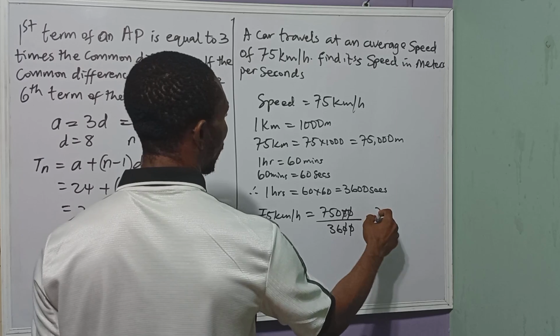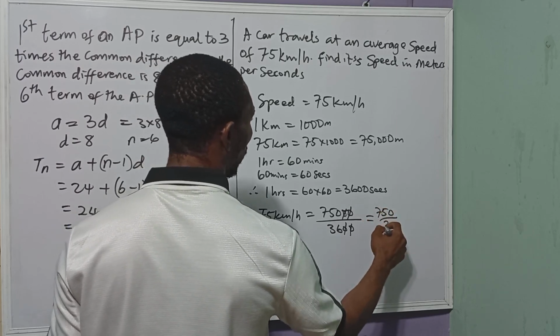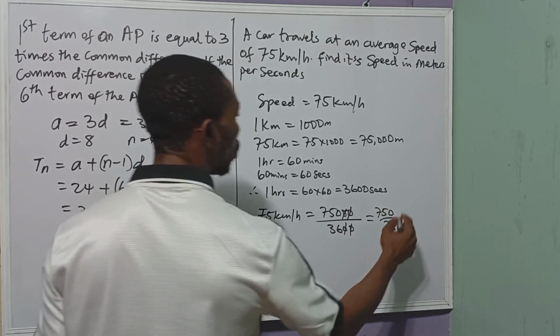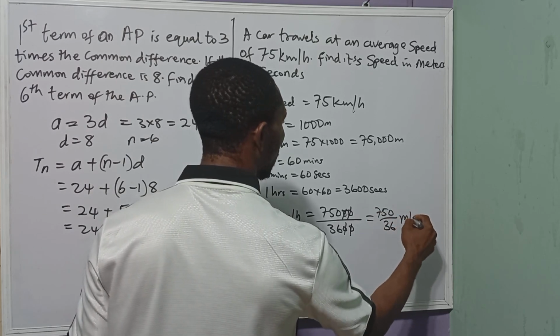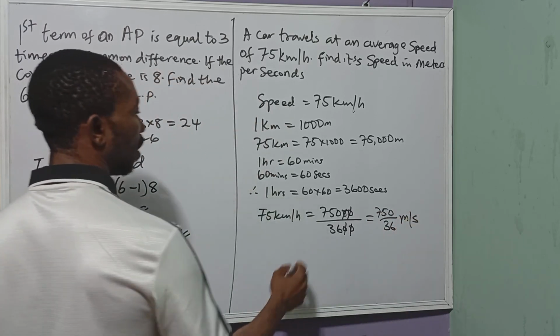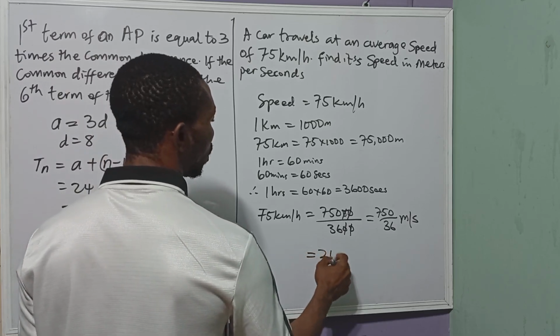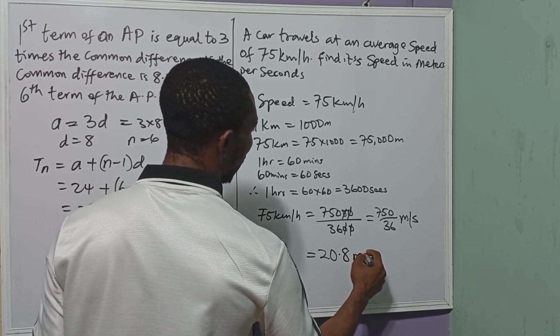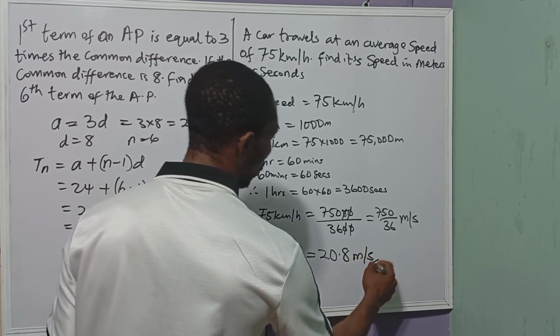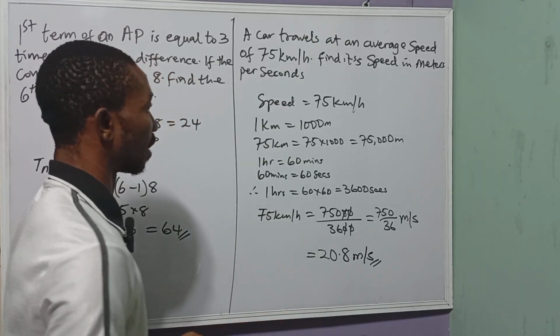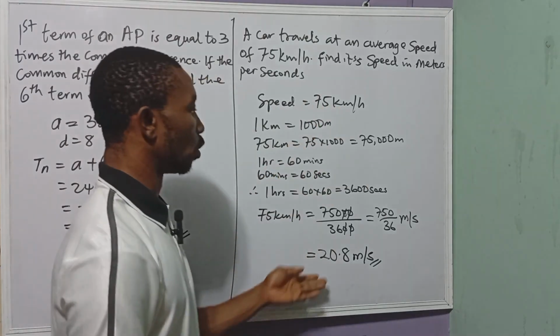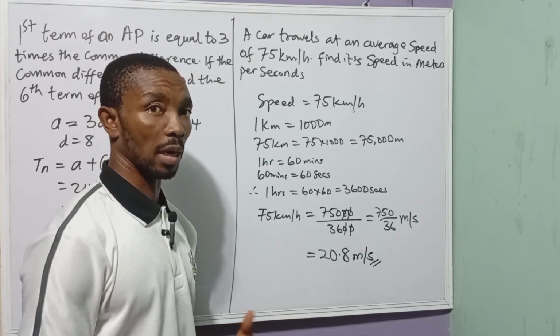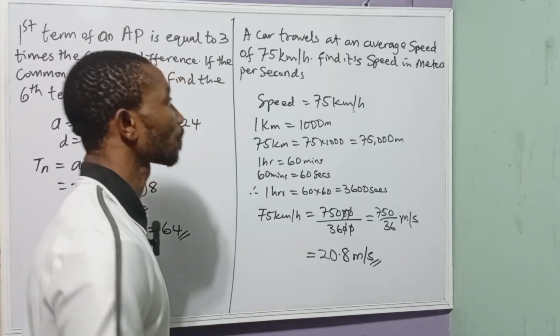All right, we now have 750 over 360 meters per second. Now, if we divide this, we'll have 20.8 meters per second. So with this, we've converted our 75 kilometers per hour to meters per second.